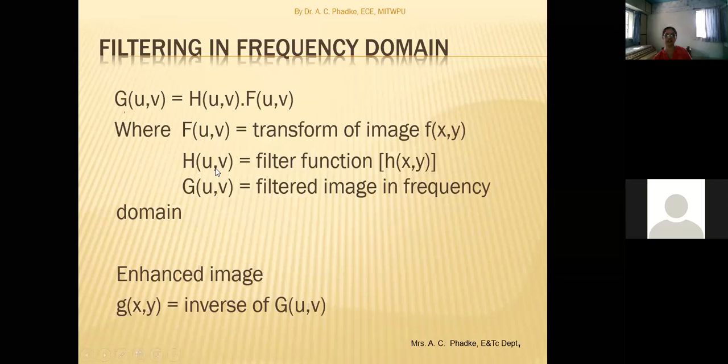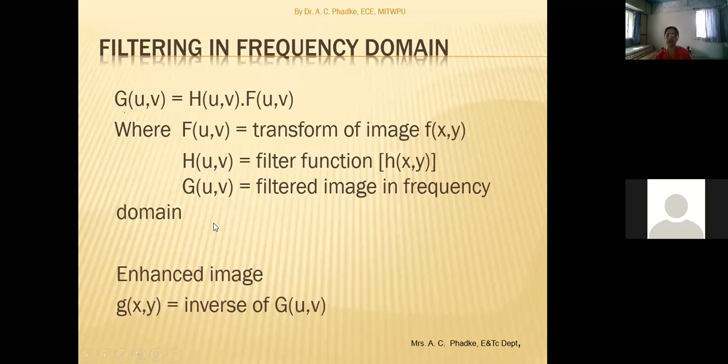When we multiply the transform of the image F(u,v) with the filter function, we get the enhanced or filtered image G(u,v). Now when we want to display it as an image, again we need to apply the inverse transform. So the inverse of G(u,v) gives us g(x,y), which is the enhanced or filtered image.